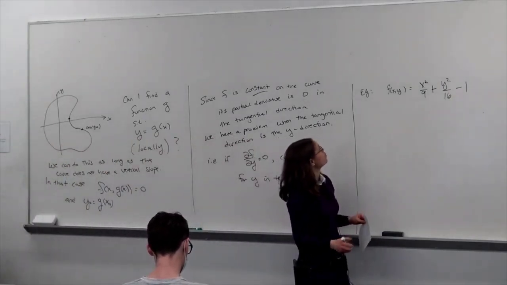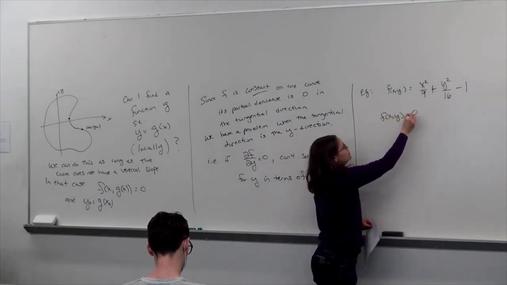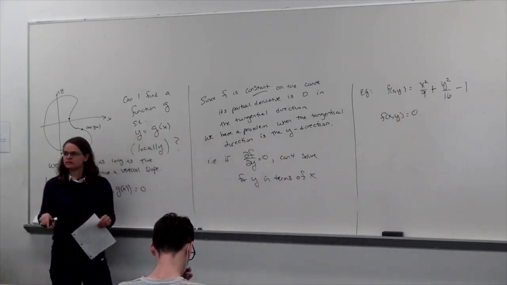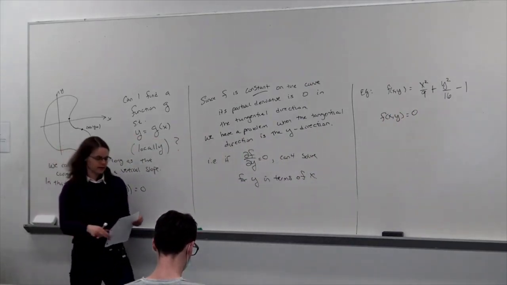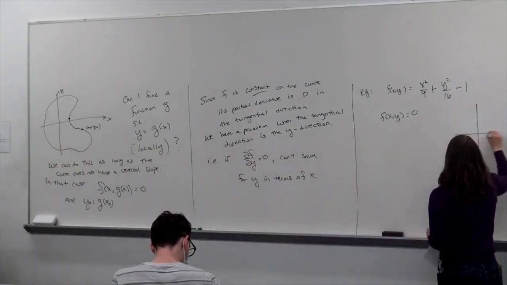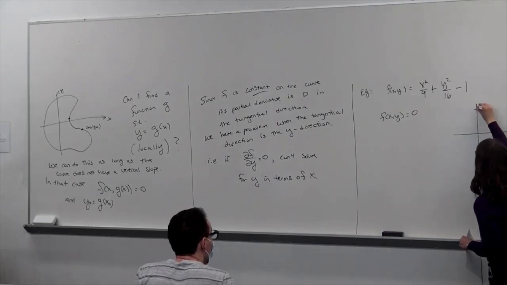We're interested in solutions of f of x, y equals 0. So what does that curve look like? Yeah, an ellipse. Okay, so what we're interested in are things that lie on this curve. Here's 3, here's 4.